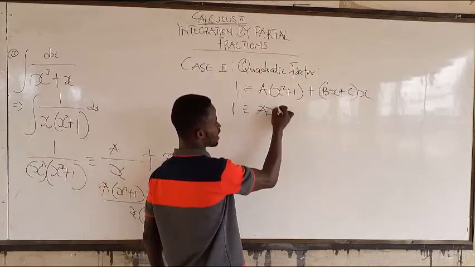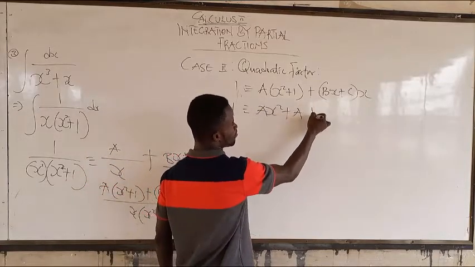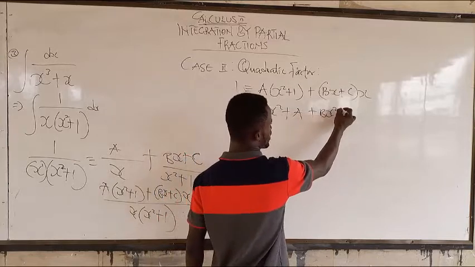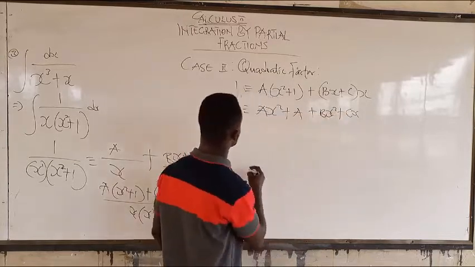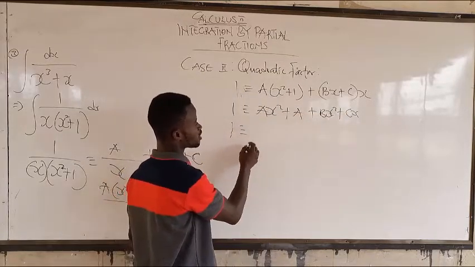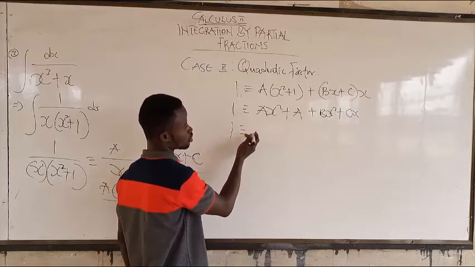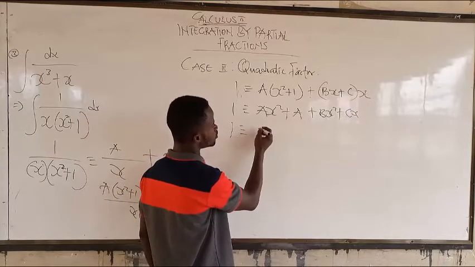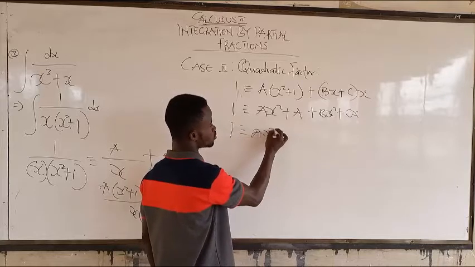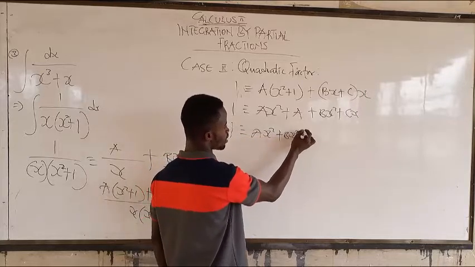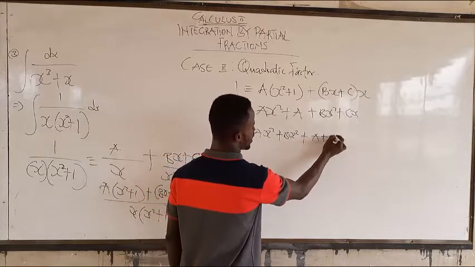So here you get as squared plus a plus bs squared plus cs. So 1 is equal to as squared plus bs squared plus cs plus a.